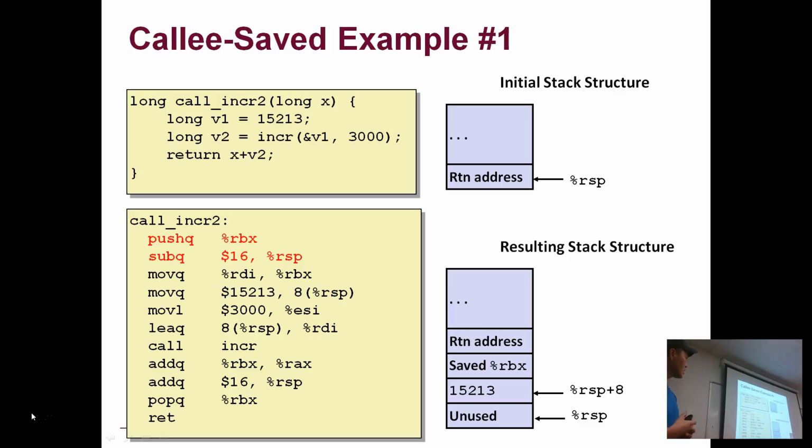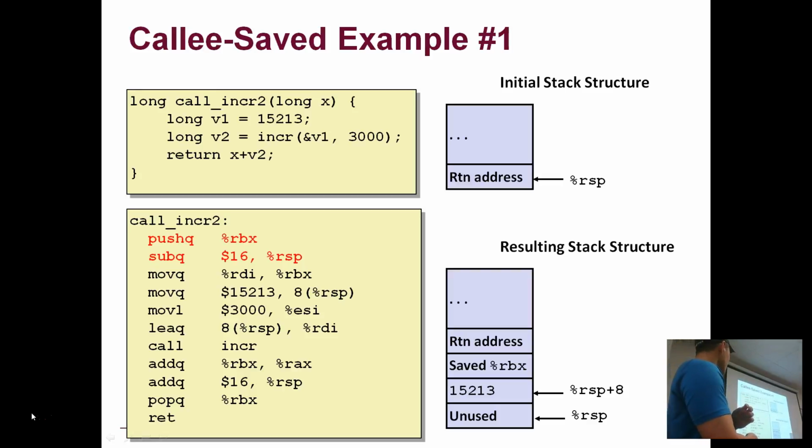Okay, so here is an example of a callee saved register. When you get into the call linkage, if you're using RBX, then you have to push it. Then you do a subtract quad to allocate the frame, the two long words. Then you have your code.